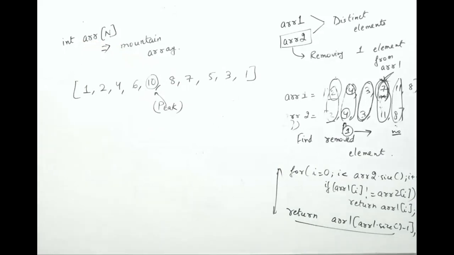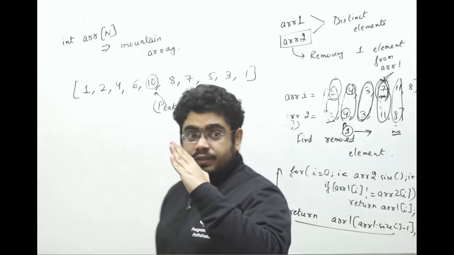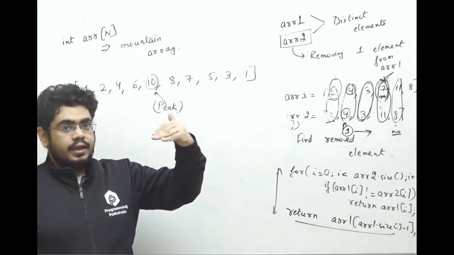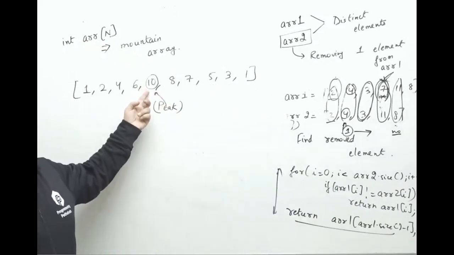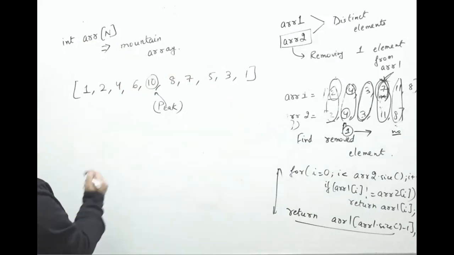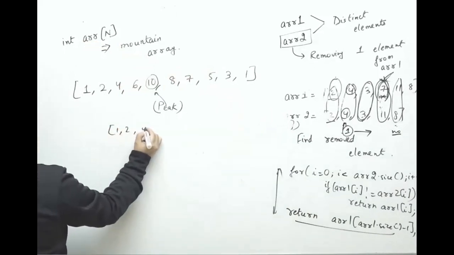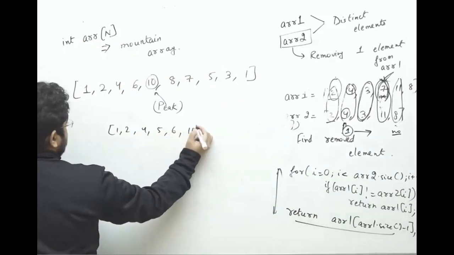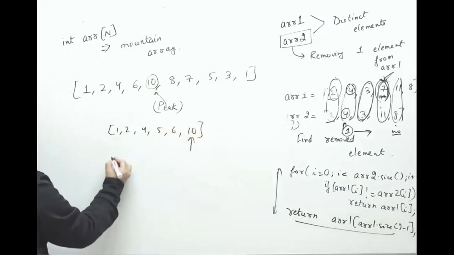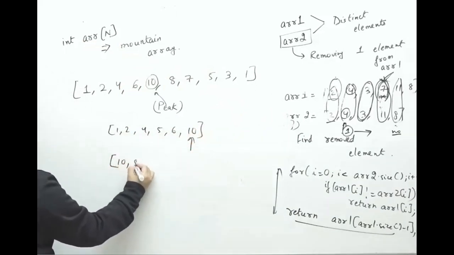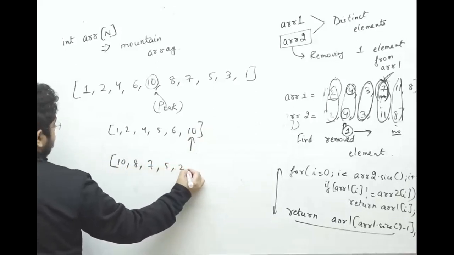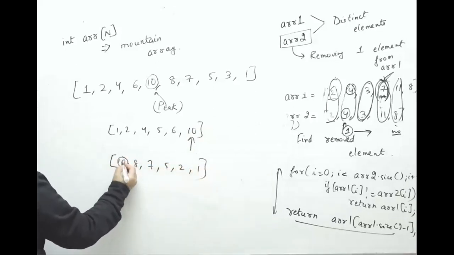So there is an array where values first increase, they reach a peak, and then they go down. This peak could be on the corners as well. For example, if it's only an increasing array, then the last one is the peak. Or if it's only a decreasing array, then the first one is the peak.